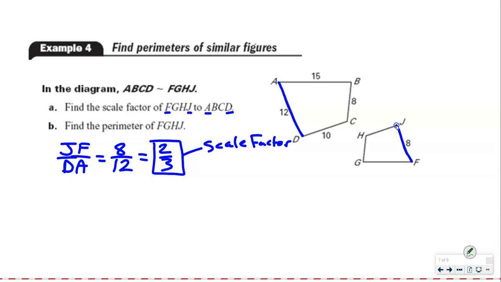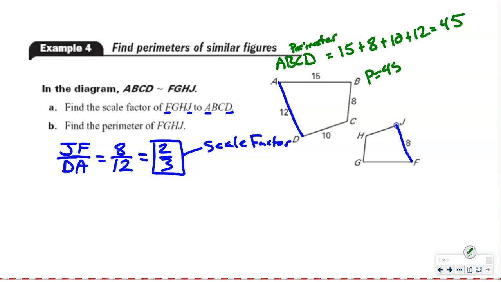ABCD's perimeter is 15 plus 8 plus 10 plus 12, which is 45. So we've got a perimeter of 45 for ABCD.